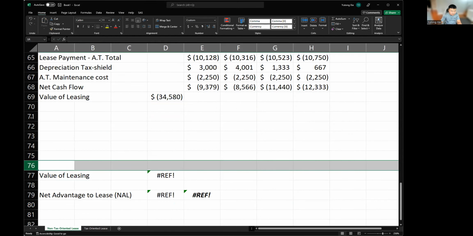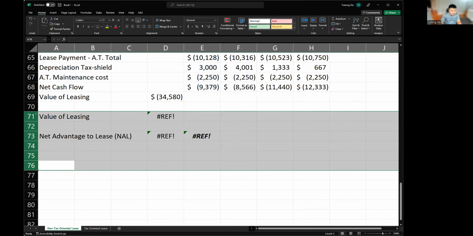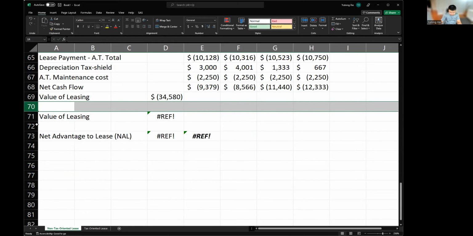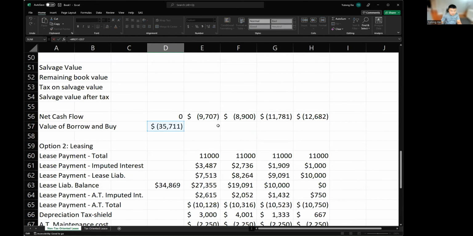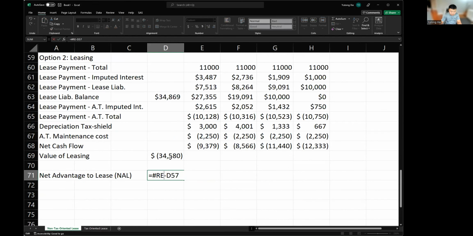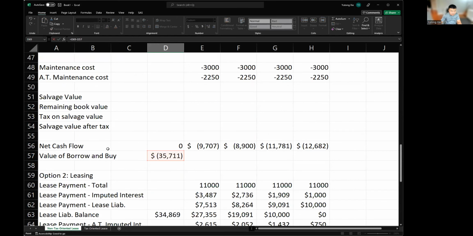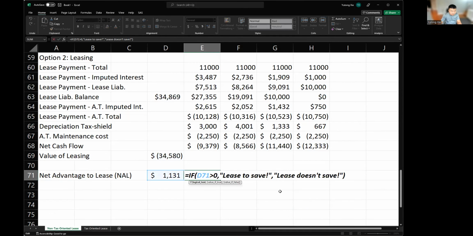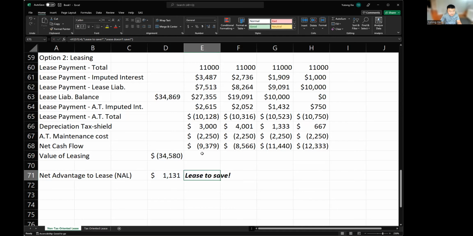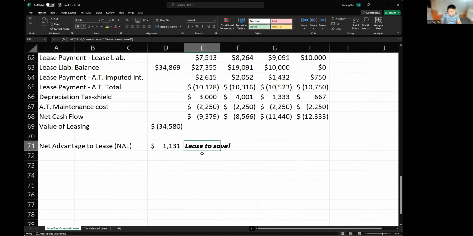And then what I can do is I can bring these back. Net advantage to leasing is just going to be this, the value of leasing minus the value of borrow and buy. I got a positive number, so we want to lease to save. Okay, so that's the end of these two models.